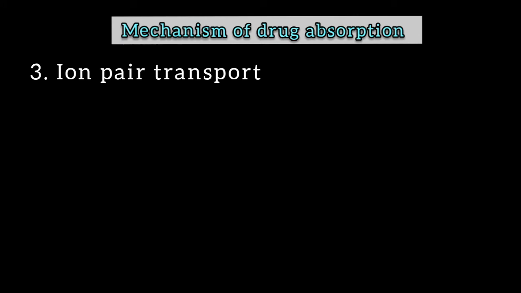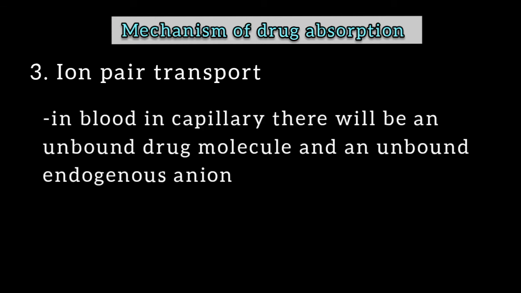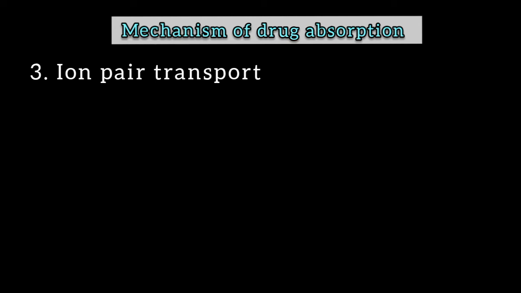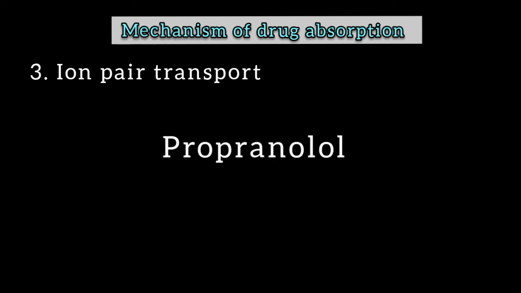So now in the blood there will be a free drug and an endogenous anion, which is the same thing found in the lumen. However, they had to cross together through the membrane. An example of a drug that has this type of transport is propranolol.